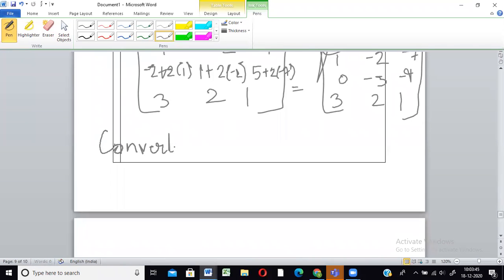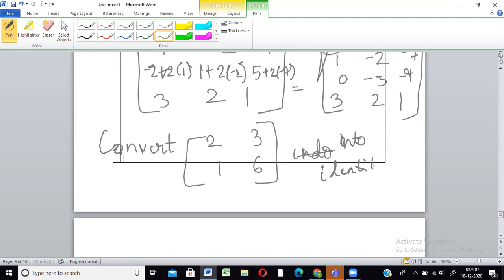Convert this matrix that you have, 2, 1, 3, 6, into an identity matrix using suitable row transformation.